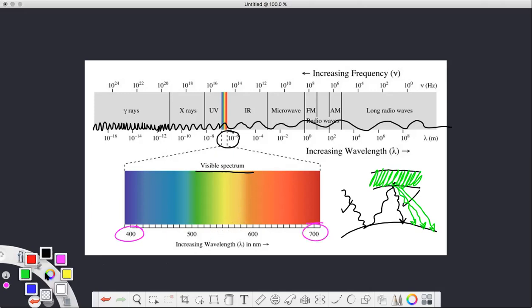And what are the colors? Violet, indigo, blue, then more towards the green, then yellow, orange and red.